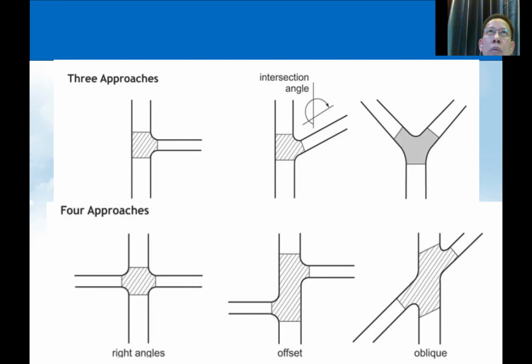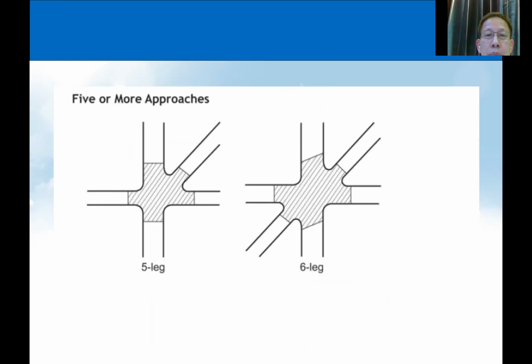When we talk about roundabouts, we normally presume that it is for intersections. The traffic circle is a lot smaller, just for residential areas, with 5 legs, 6 legs, something like this.